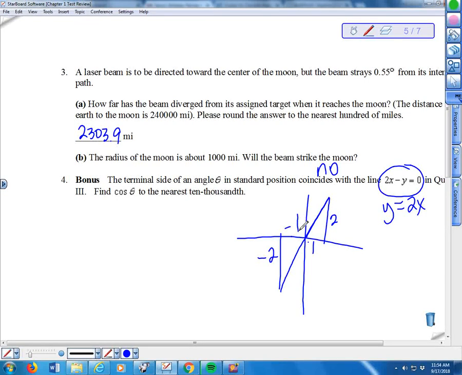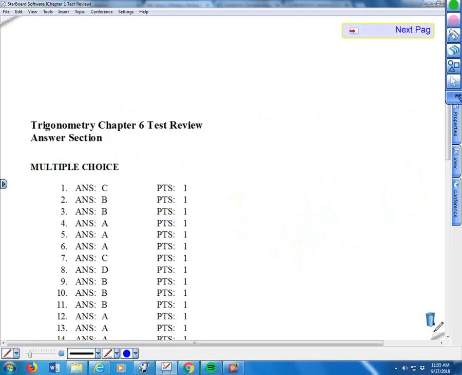And I want to find cosine. So this is going to be the square root of 5. Cosine of this angle is negative 1 over the square root of 5, which when I calculate that to the 10,000ths, that's it. I think that's it.